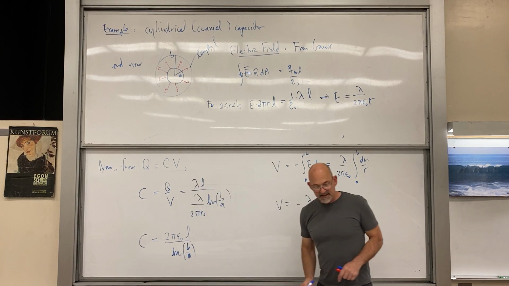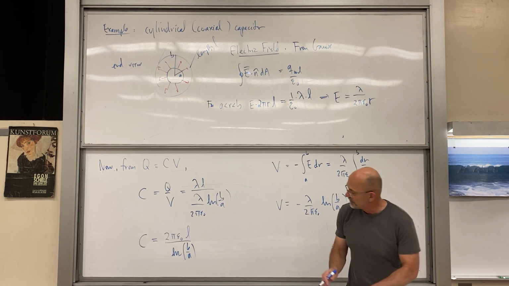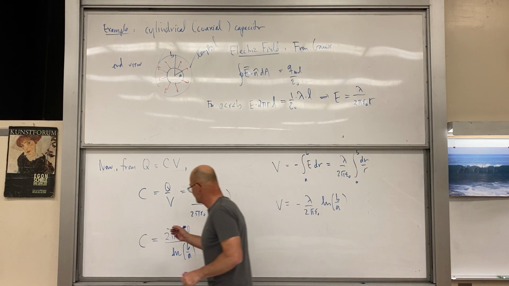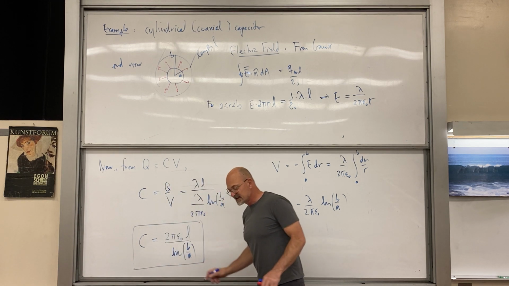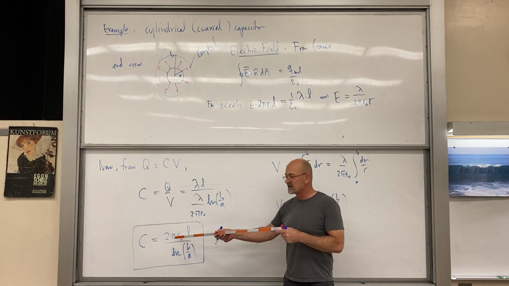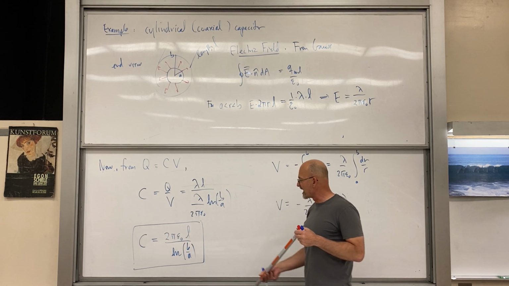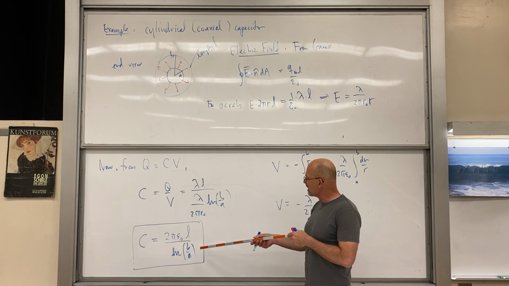And that makes complete sense, so we're satisfied with that, because it's just scaling with the length. So twice as much length, twice as much capacitance of your coaxial cable, and then the natural log of b over a.